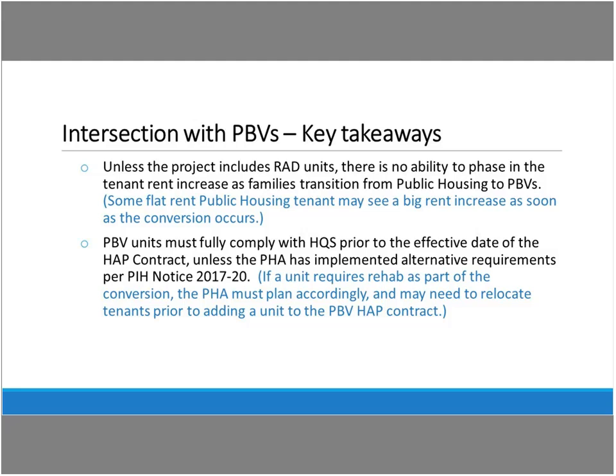This is also an important thing to think about because you need to make sure that you queue up your HQS inspections at the end of your rehab, potentially while residents are living in those units if you're doing an occupied rehab, potentially using your independent entity who does your HQS for you. So that logistically, this takes a lot of coordination.